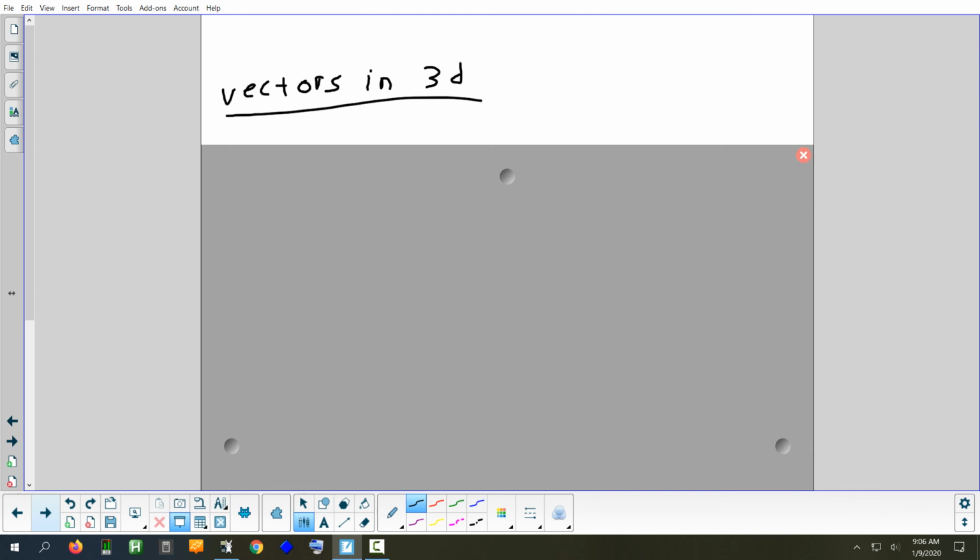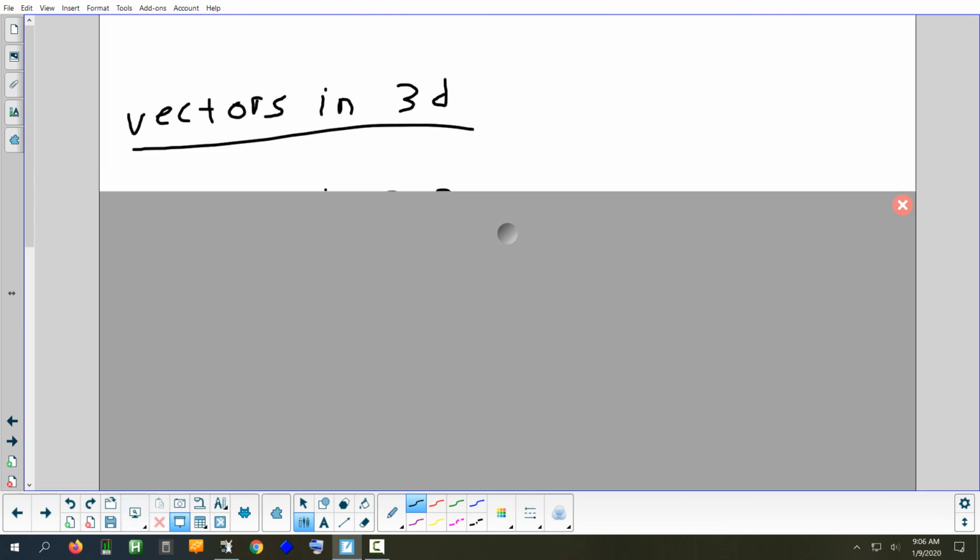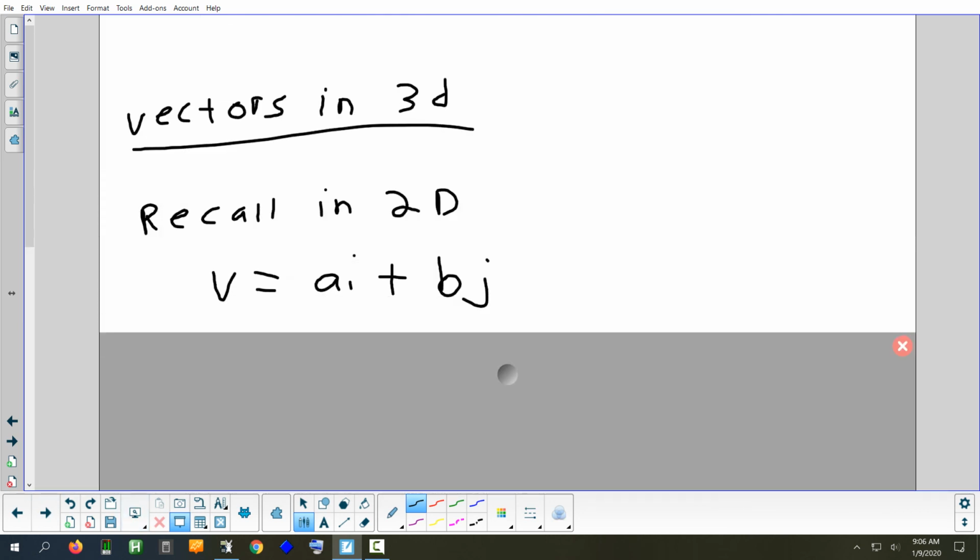All right, so now let's get vectors in 3D. So remember, in 2D, that was called unit vector notation. I was a unit vector, 1 unit long, and it pointed to the right. J is a unit vector, 1 unit long, and it pointed up.